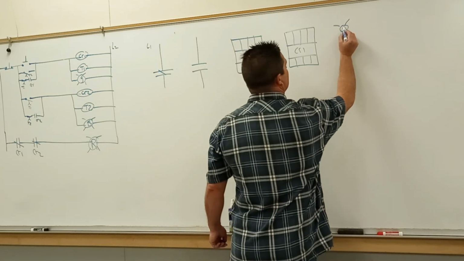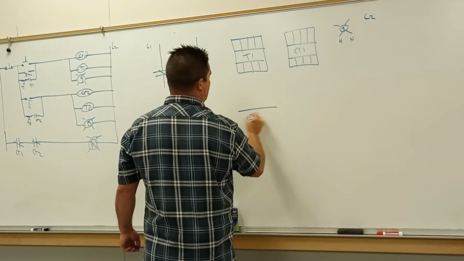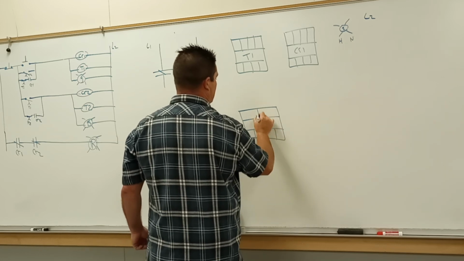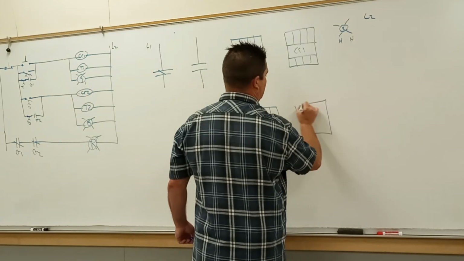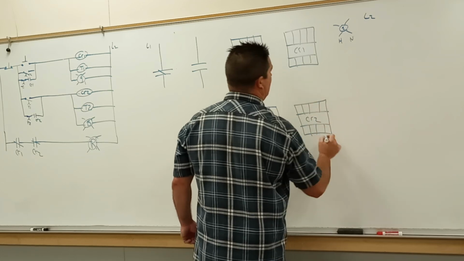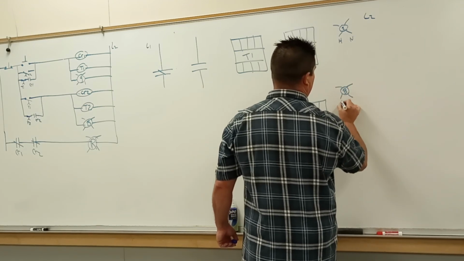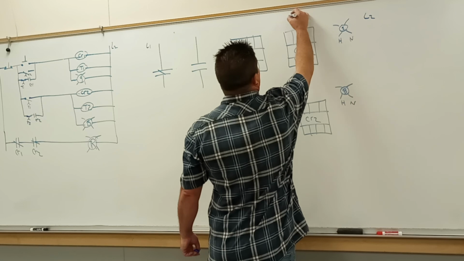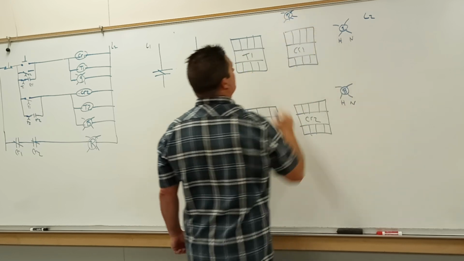So this one will be our green. L2. Down here, T2, CR2, blue, hot and neutral, and I'm going to put my red light right here. Okay?